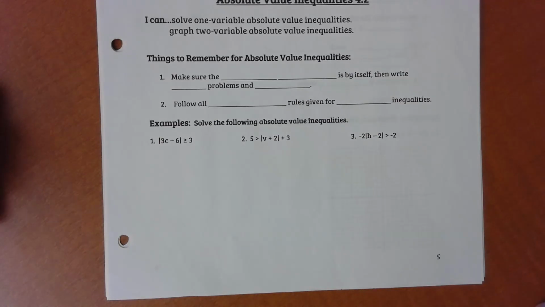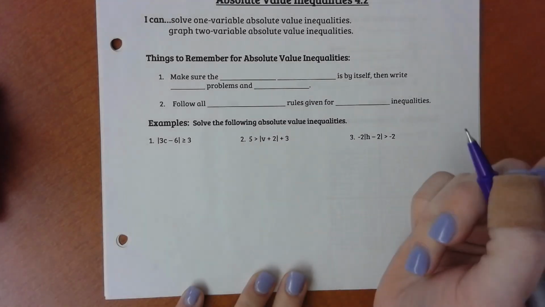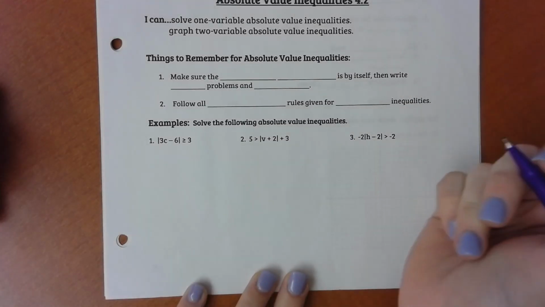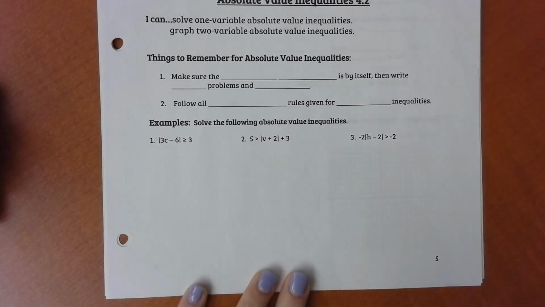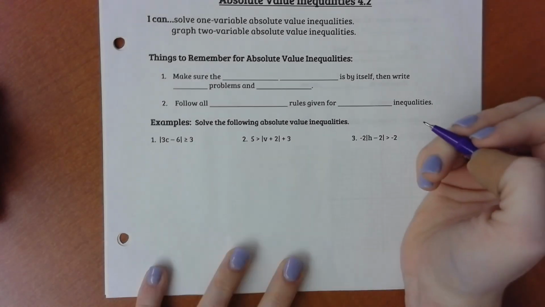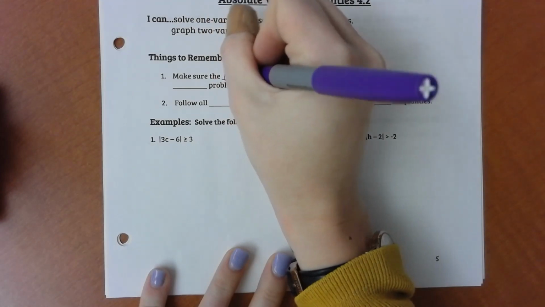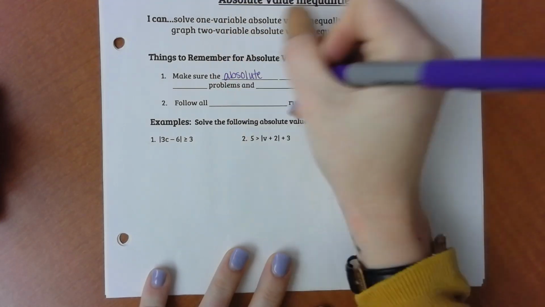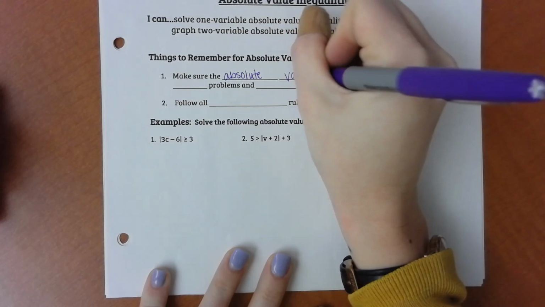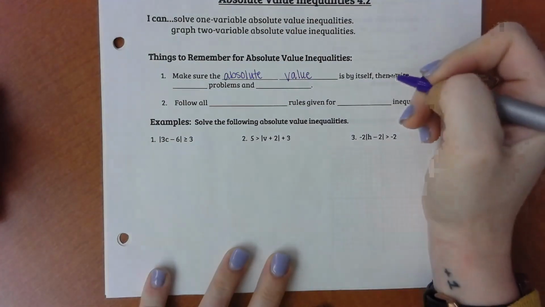So, today we're going to talk about absolute value inequalities. Some things to know about absolute value inequalities: first, you want to make sure that the absolute value is by itself.